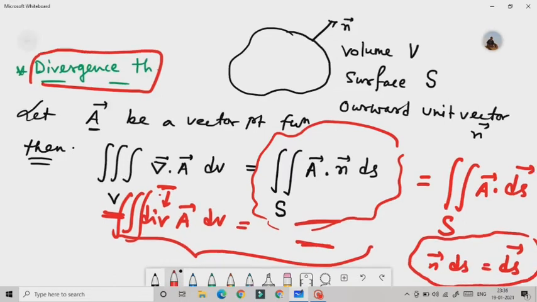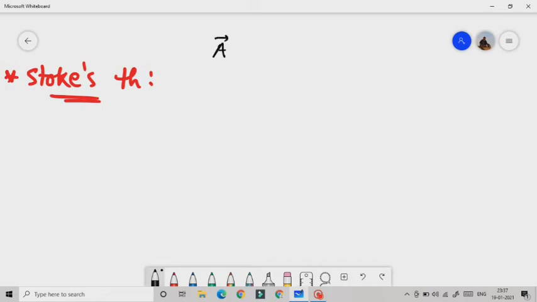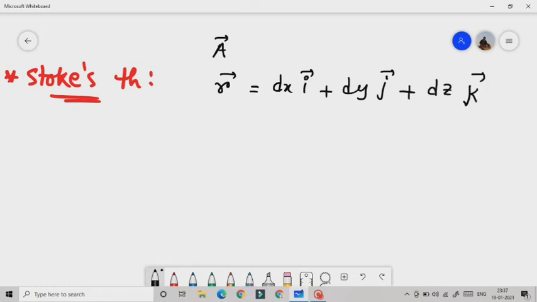Now another portion, which is known as Stokes theorem. For Stokes theorem you have the same formation. Suppose A is a vector point function, and you know your r vector, where dr is dx i vector plus dy j vector in 2D, and if you are considering 3D, then it also has dz k vector.